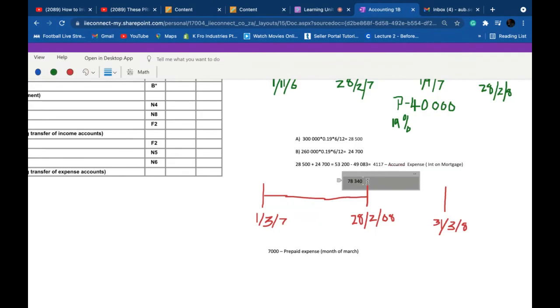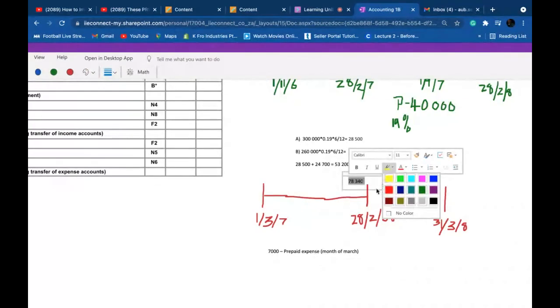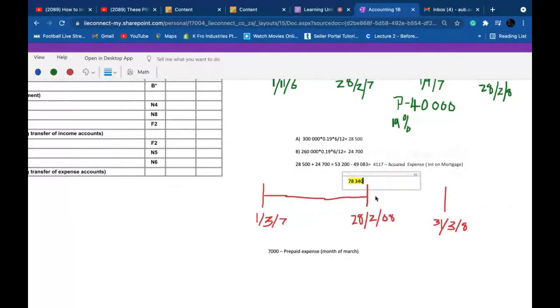I want to shift that up here and highlight that in yellow or something. Okay. That, and I'm going to use green. This 78,340 is for this whole period from the 1st of March 2007 all the way until the 31st of March 2008.